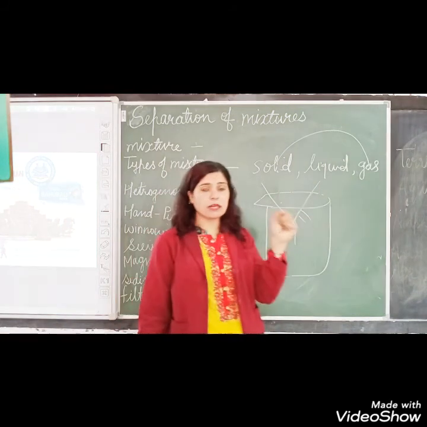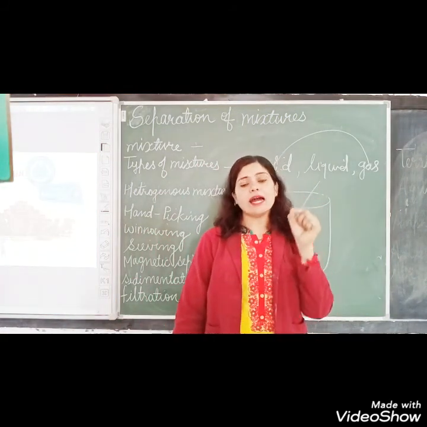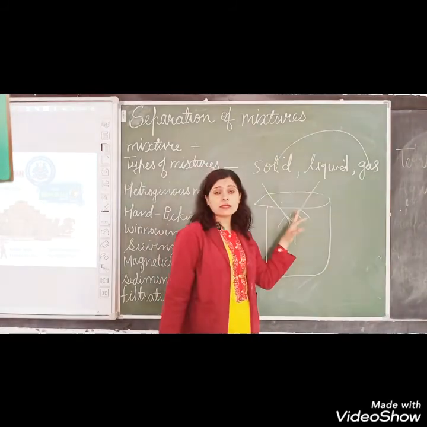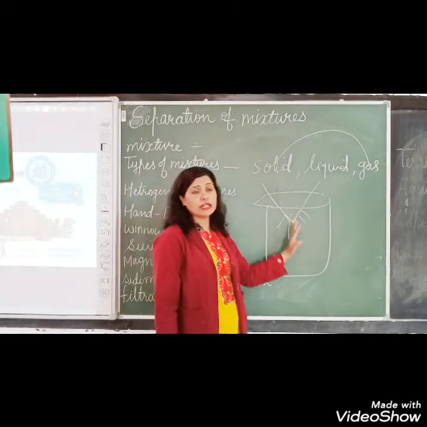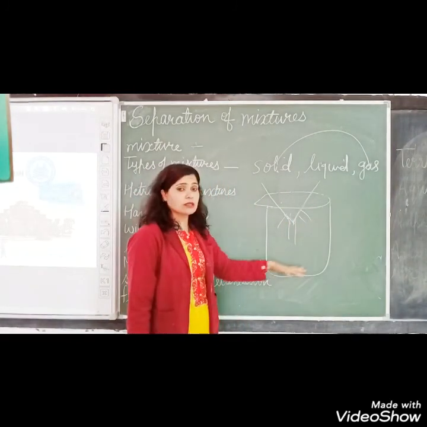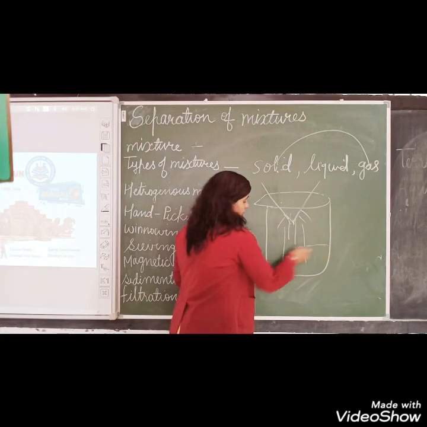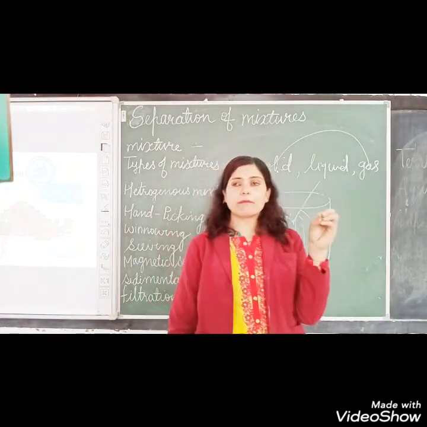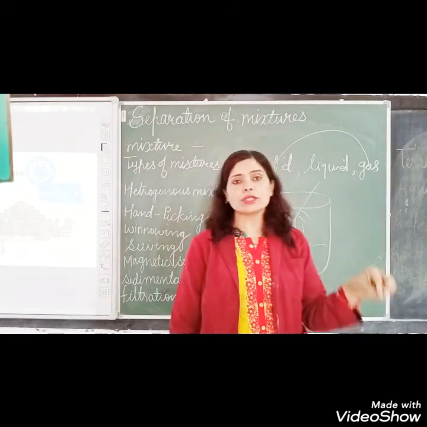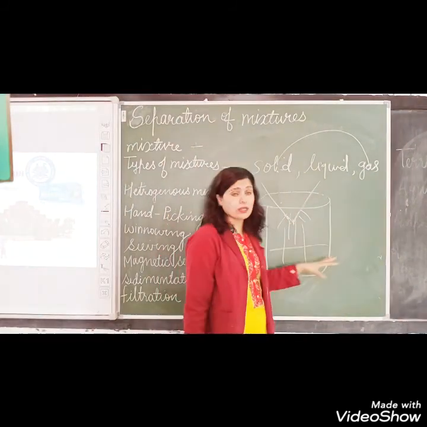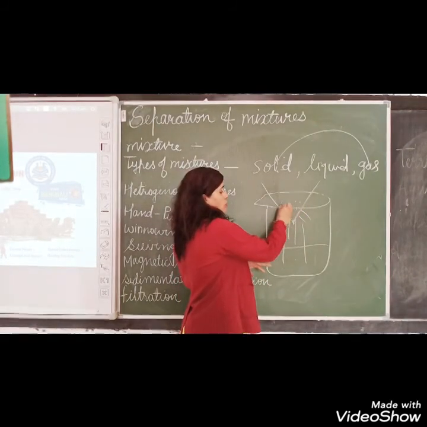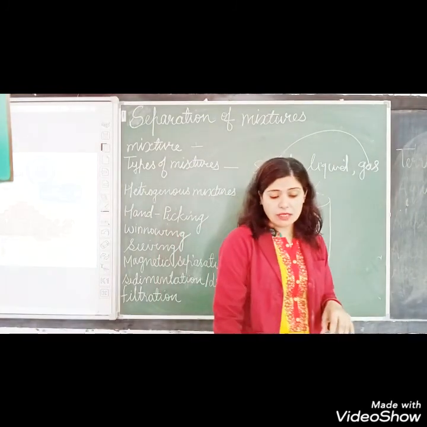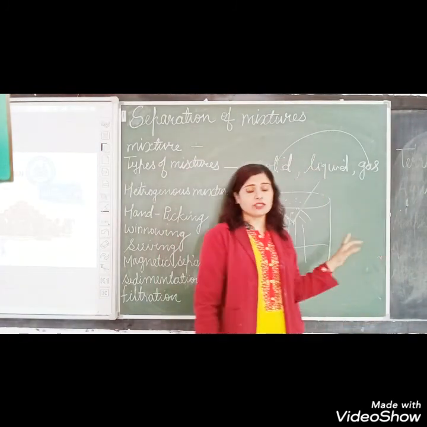Filter paper has tiny pores that allow only liquid to pass through. So all the liquid comes and collects in the beaker, and the insoluble impurities or insoluble solutes in that mixture remain on the filter paper. This process is known as filtration.